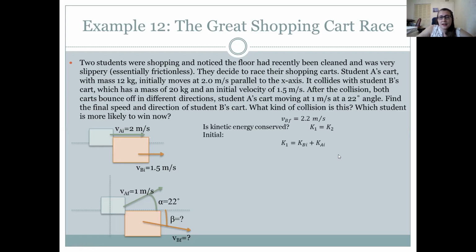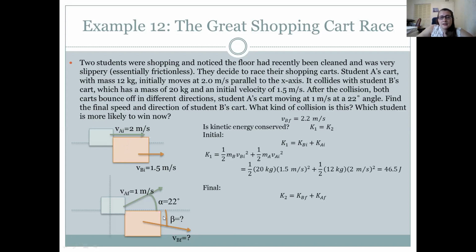So initial kinetic energy is the initial kinetic energy from cart B plus from cart A. Kinetic energy is 1/2 mv squared. So we'll plug in our masses and our initial velocities, and we get a kinetic energy of 46.5 joules. So final kinetic energy, now we're dealing with this bottom picture.